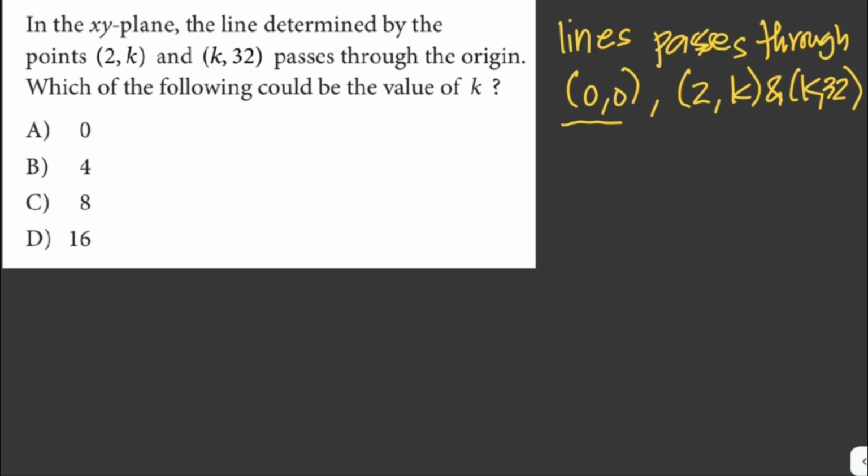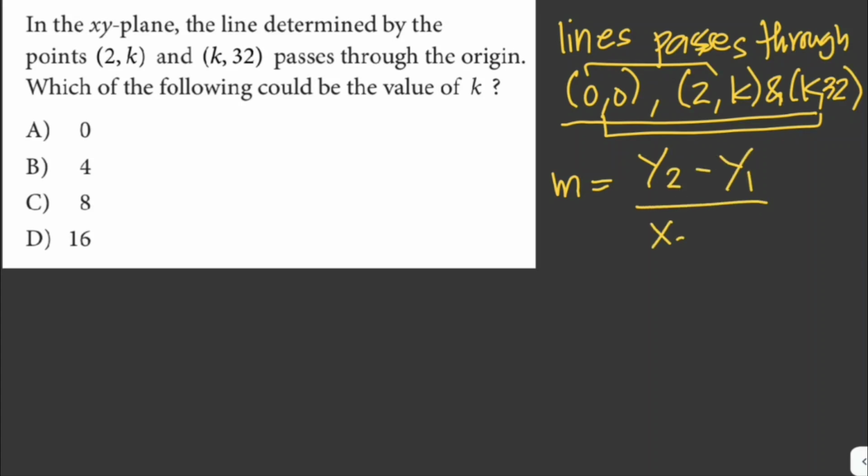Since all of these three points are on the same line, they have the same slope. So we can use these two points first, and then the other two points, and then we equate them. Using the slope formula, that is y sub 2 minus y sub 1 over x sub 2 minus x sub 1.